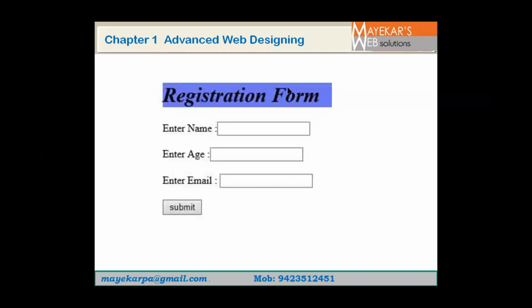So in this text box, enter age, you can enter only numbers. It is not possible to enter any text. Enter email, here you can enter an email ID. It will check whether you have entered a valid email ID or not. If it is an invalid email ID, then the form will denote that you have entered a wrong email ID and you have to correct it.